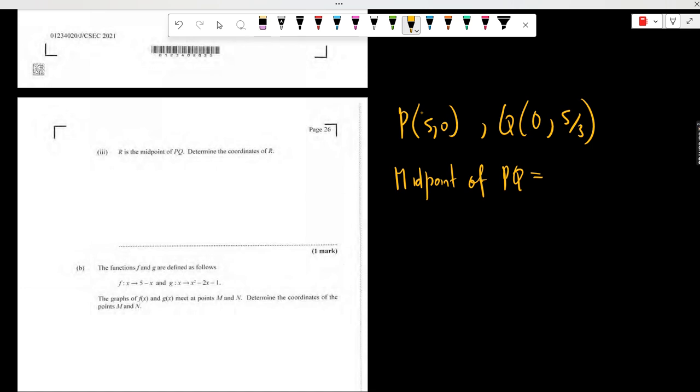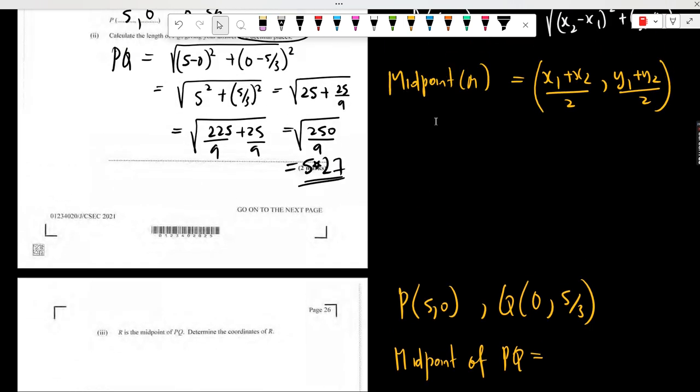We typically do not represent coordinates of points using decimals, but fractions. So leave it as a fraction if it's not a whole number. You add the x coordinates, divide by 2, add the y coordinates, divide by 2. That gives you the midpoint of the line.